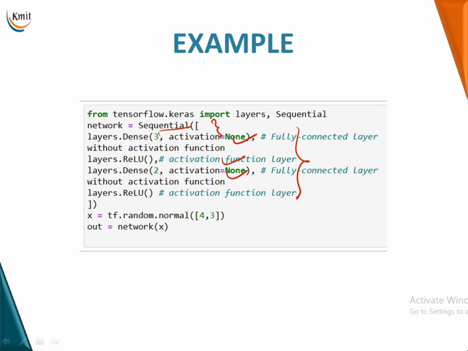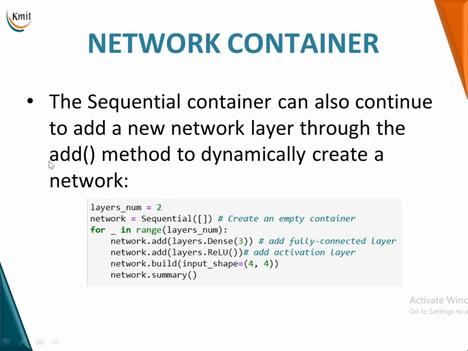If you see the next one, when you're using an add function, first you have to create an empty container. Once you create an empty container, you can keep on adding your layers. It becomes a bit more flexible for you. All right, so that's another way of using a sequential container.